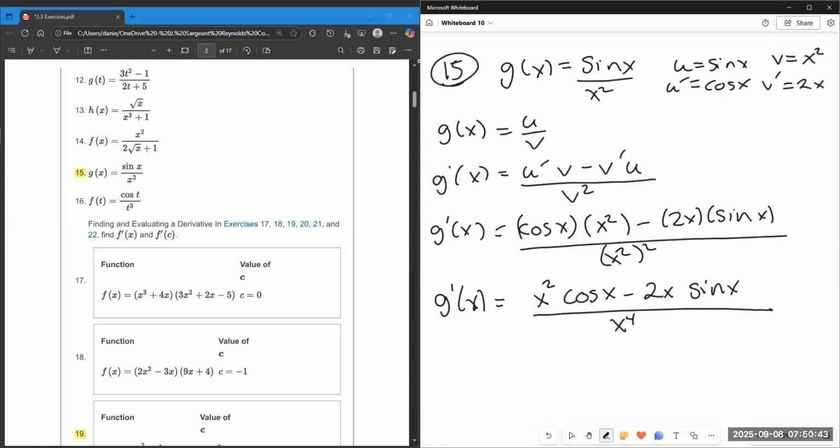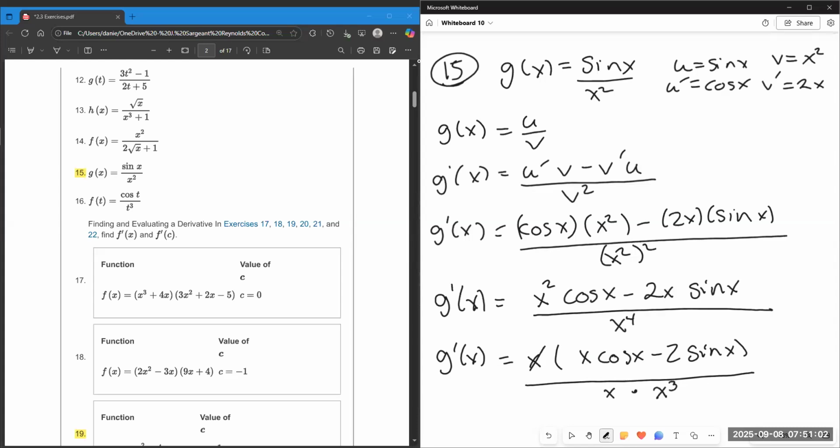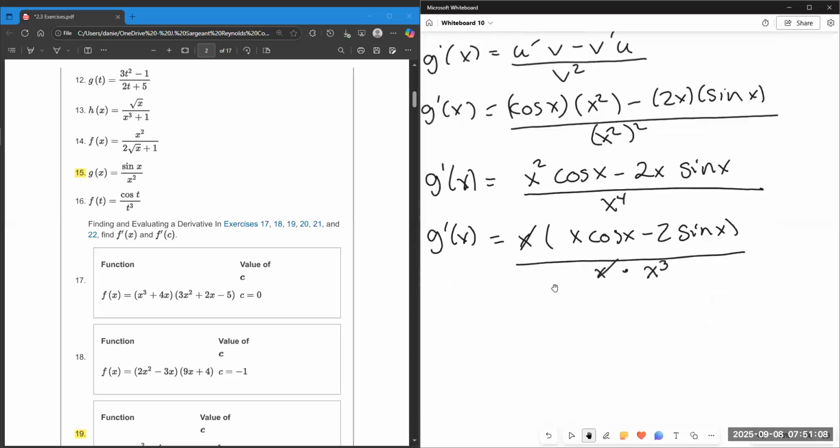Now I see that there's x's in everything, so I am going to factor a common factor of x out. This will cancel here, and that will leave me with the final answer for g prime of x: cosine of x minus 2 sine of x divided by x to the third.